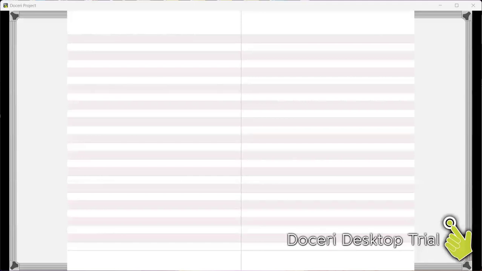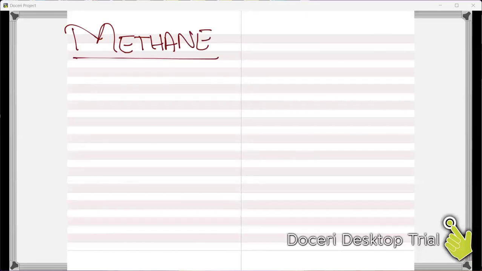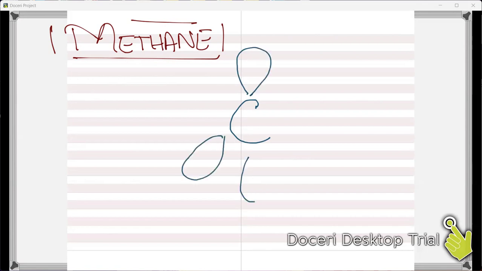Now, which compound involves sp3 hybridization? It can be found in methane. What is methane? Methane means one carbon, and in this carbon these four orbitals are like this.